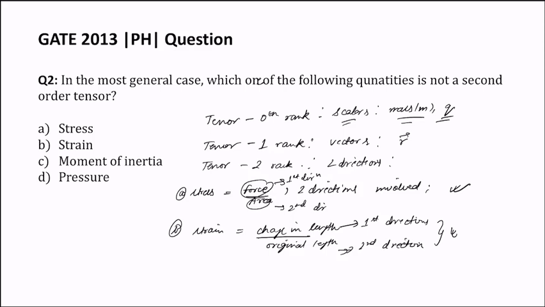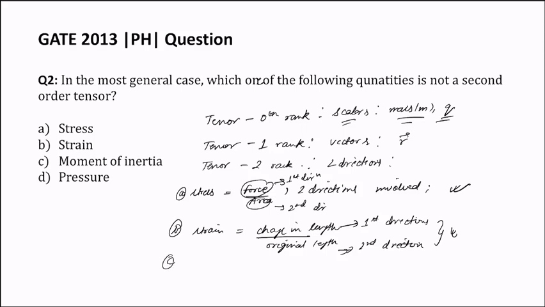Both these directions are different. Suppose you have a small thread lying in the x direction, so the original length is in the x direction, but due to some property, its length changes in the y direction. You apply some force such that the direction in which the length is changing is not x but y. Therefore there are two directions involved, so it is also a second rank tensor.